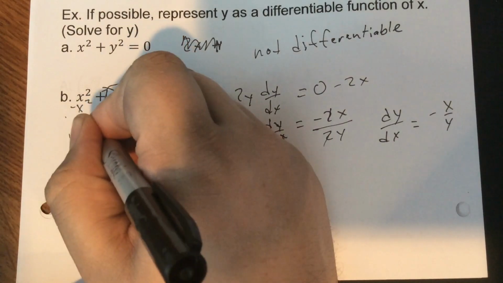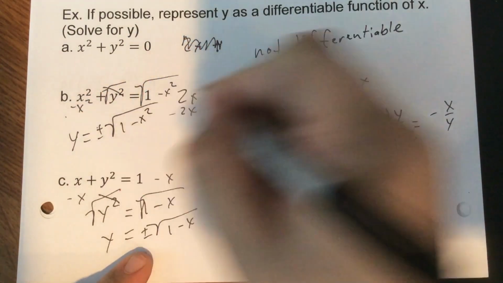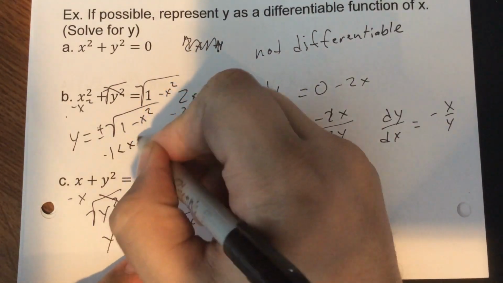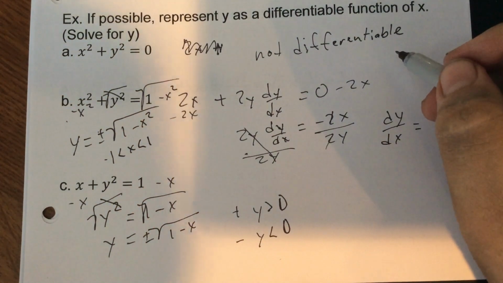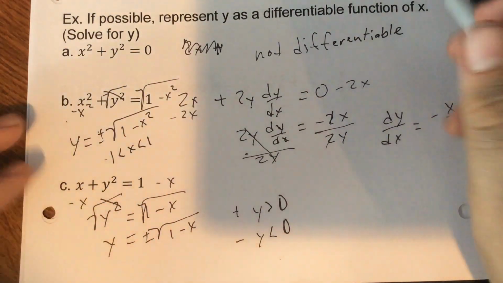So y would equal plus or minus the square root of 1 minus x squared. Where this one is going to work is from -1 to 1, where it'll be differentiable. That was my bad. Sorry, guys.